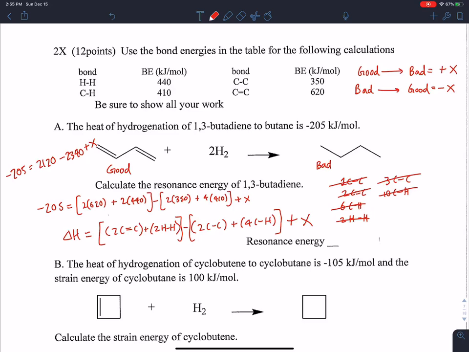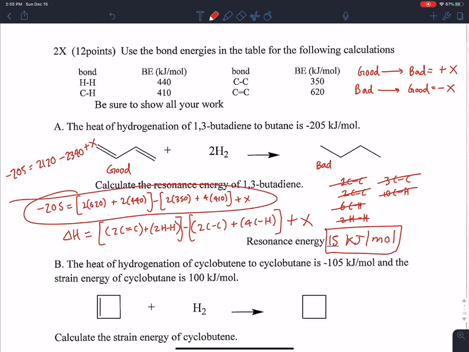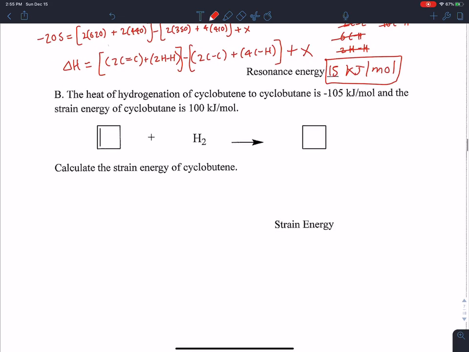So after doing all of this, if you solve for x, just normal algebra, you should get 15 kilojoules per mole. So this is a long question. Mainly I want you to be able to get this. If you can get that, I'm good to go. Again, you didn't have this plus x thing to worry about, so I don't know if it's really important for you guys.